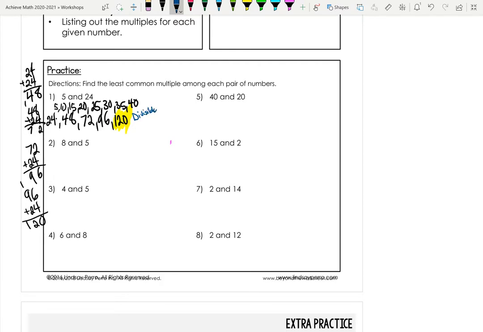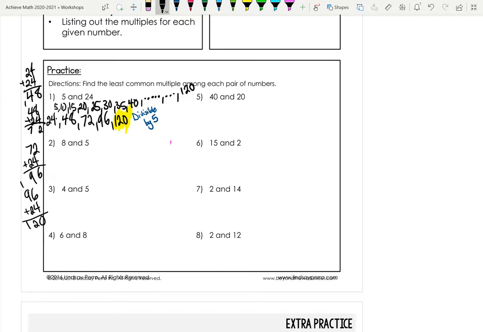So even though I don't see it in my list right now, I know that 120 will eventually show up. So since I've identified it, I can just say the LCM of 5 and 24 is 120.